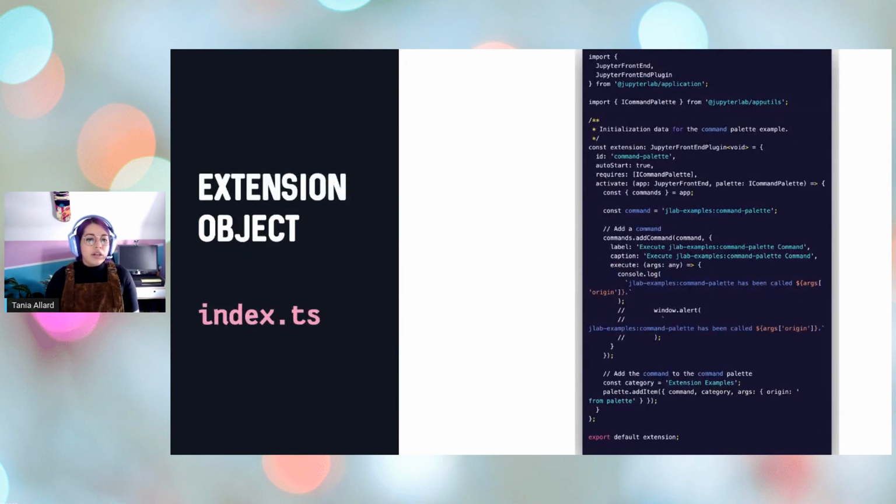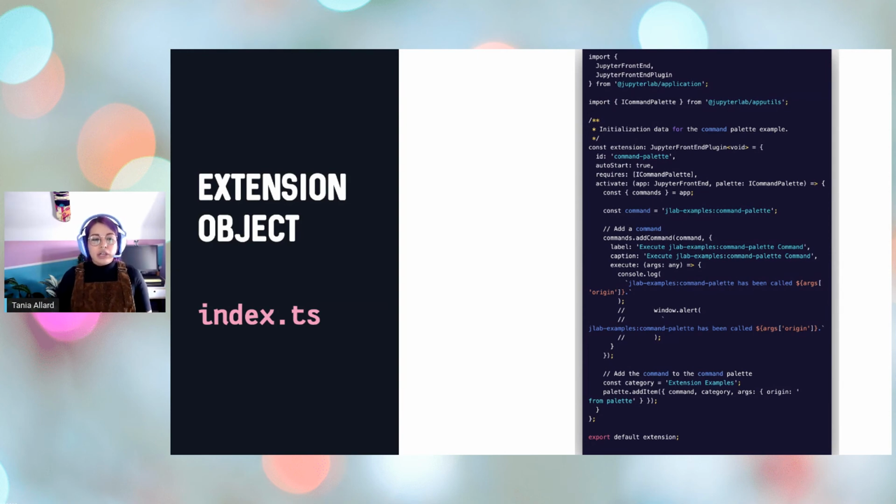And there you're going to find in the cookiecutter, if you go to any other extension, that you're going to have an index.ts file in the src, and that's where all the magic happens. That's where your whole extension code is going to live.